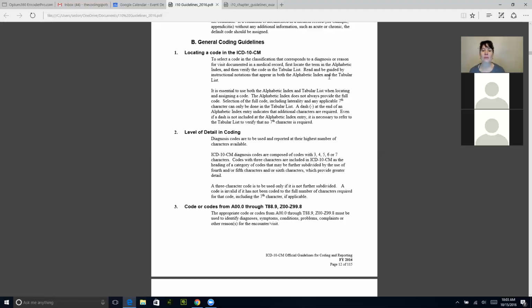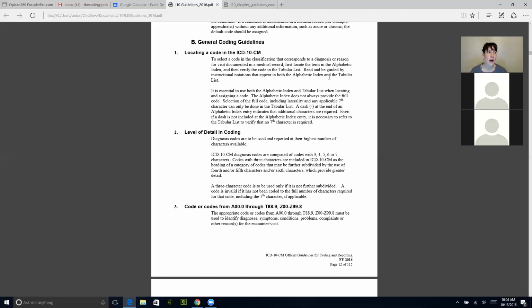And then it talks a little bit about how it's essential to use both the index and the tabular when locating and assigning a code. And that's true for maybe some one-off diagnoses. So once in a while, the only way you can get to a code in the tabular is by using the index if you're given the code, because there'll be some unusual wording.